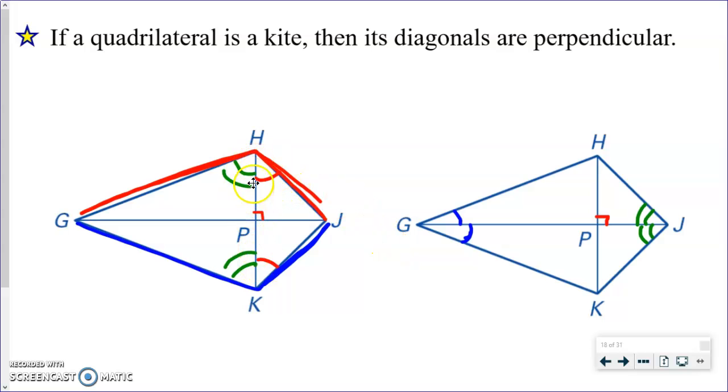And that pair of congruent angles, they're not bisected, but the pair of angles in the kite that are not congruent, like in this kite, angle G and angle J, they're bisected by the diagonal. So we have two congruent angles here, two congruent angles there.